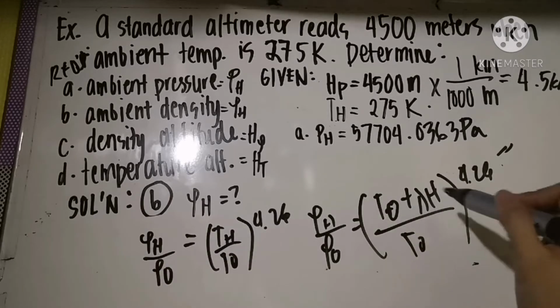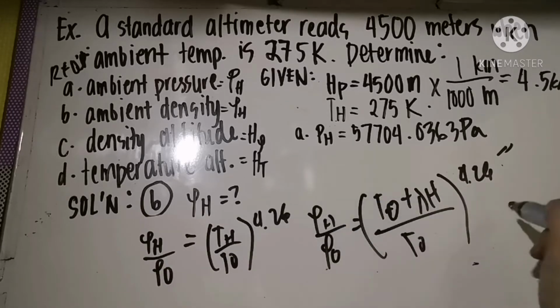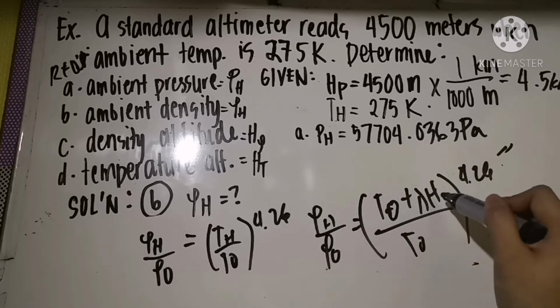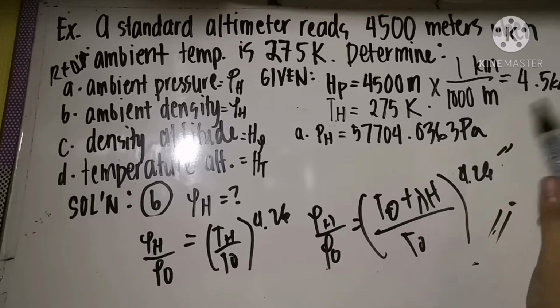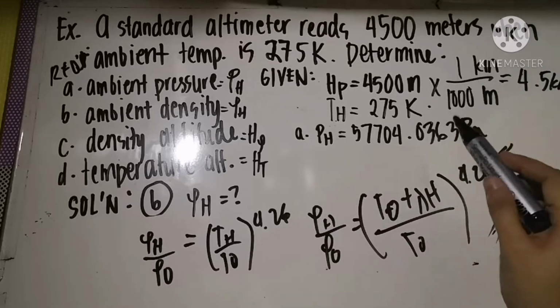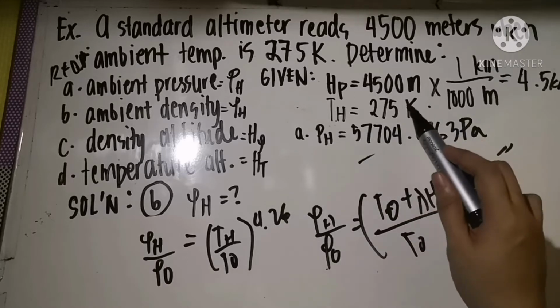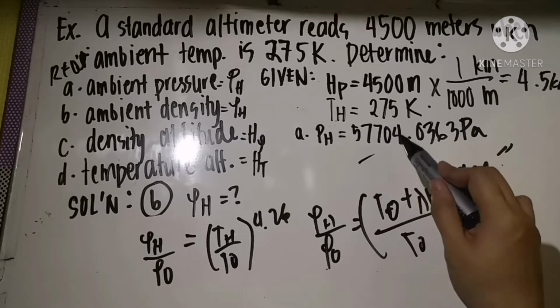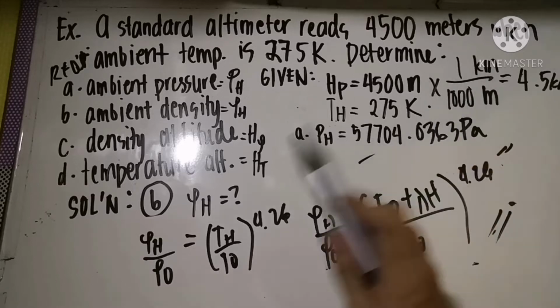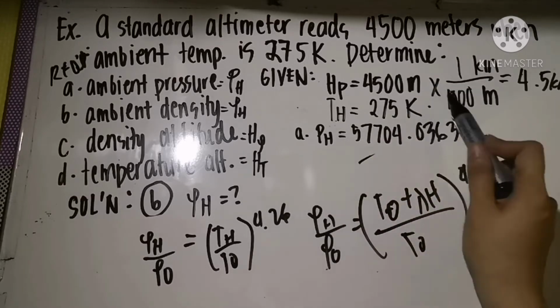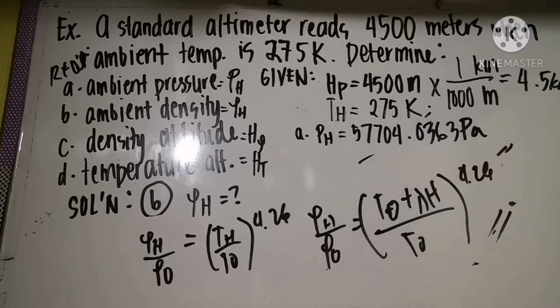Dahil for this formula, ang kailangan mo is yung density altitude. Pero given ka, nakuha mo at that condition, meron kang ambient pressure na 57,000, and at that condition, meron kang ambient temperature na 275 Kelvin.